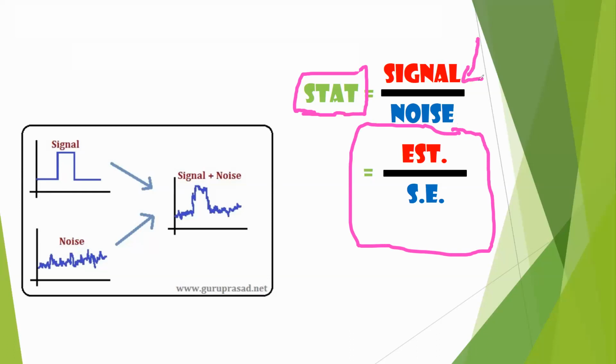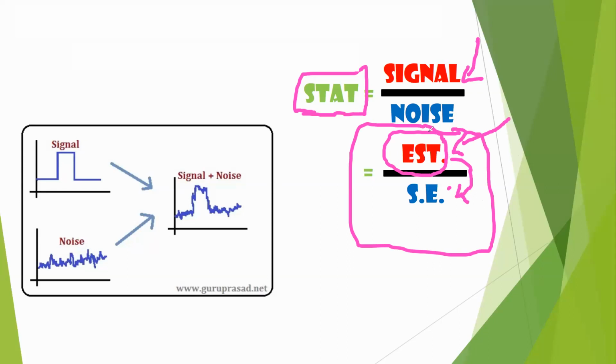Here the signal becomes the estimated statistic based on your data, and we compare this estimated statistic with the standard error of this estimation. We're doing the same thing.